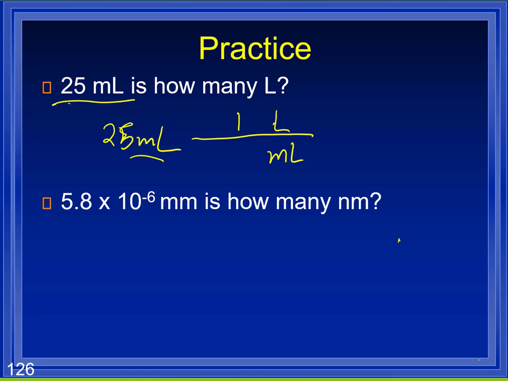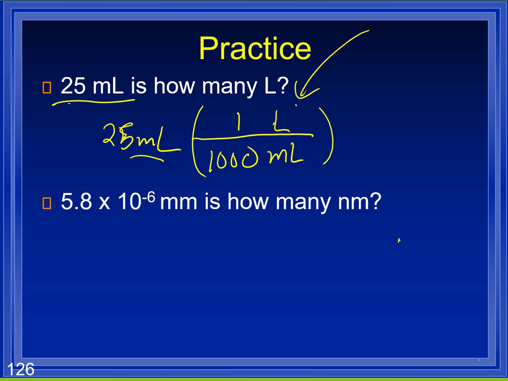Well, mil gives me a hint from my Spanish that it's 1,000. So notice I have written a ratio of equivalent measurements. The number on top and the number on bottom are the same volume, just measured in 2 different units. So that is equal to 1. So I'm taking 25 milliliters and I'm multiplying it by 1. So I'm going to get something that's the same size.